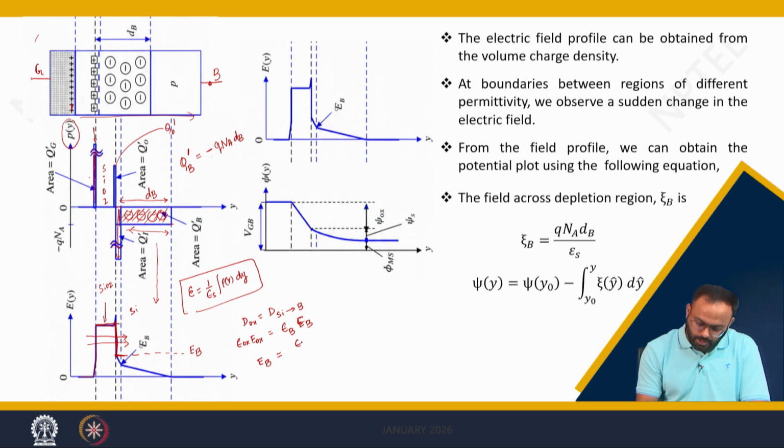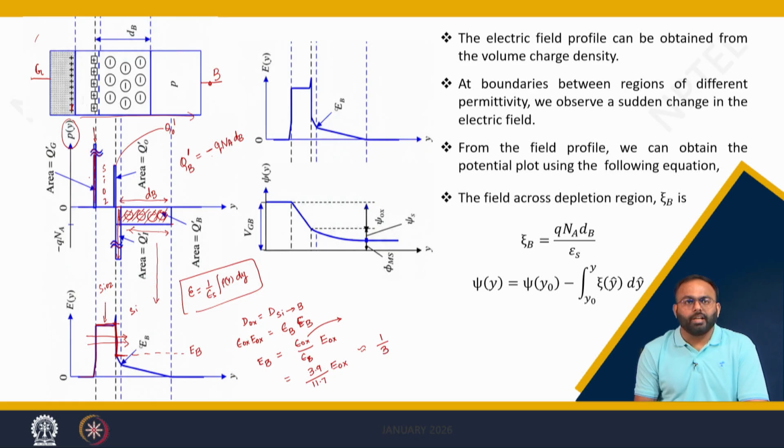It can be given as epsilon ox divided by epsilon of B into E ox. This value is approximately 3.9, and this value is approximately 11.7, meaning you get 1 over 3. So whatever field you get at the semiconductor surface is approximately 1 over 3 times the electric field appearing at the silicon dioxide.